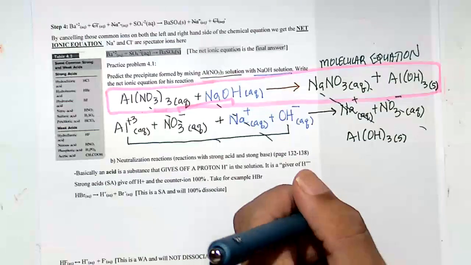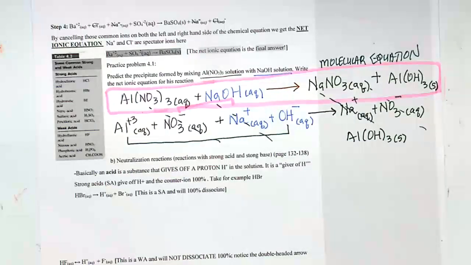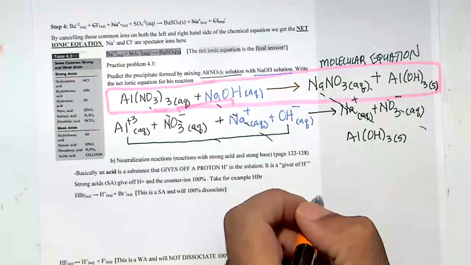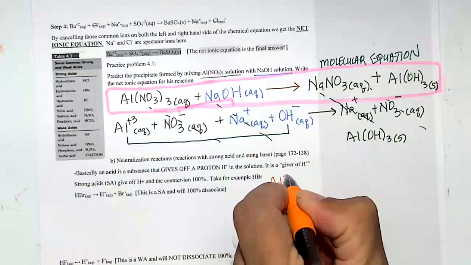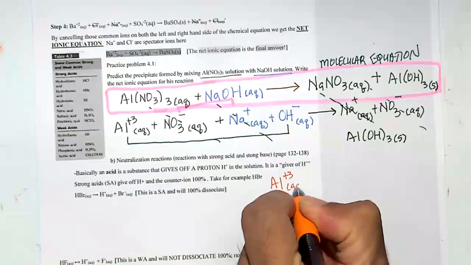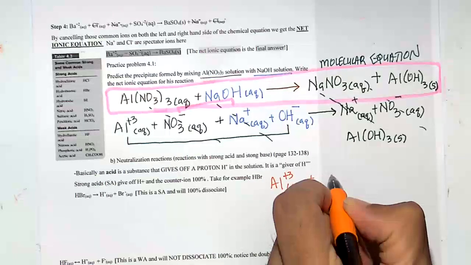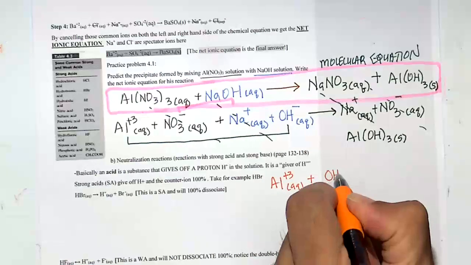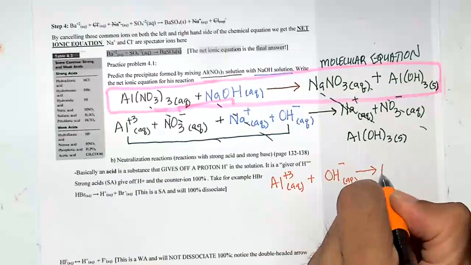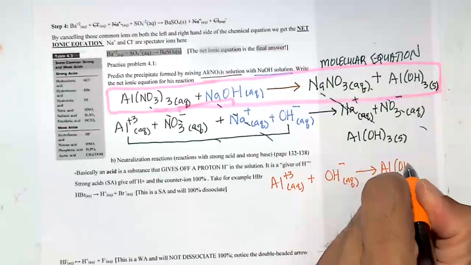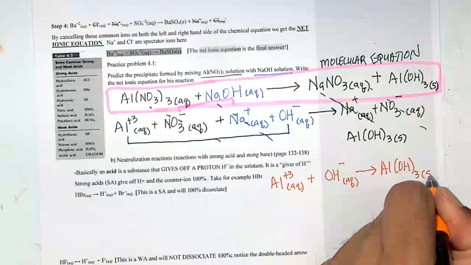So now let's write our final answer, our net ionic equation, which is going to be Al plus 3 plus OH minus, giving Al(OH)3 solid. Don't forget the solid.